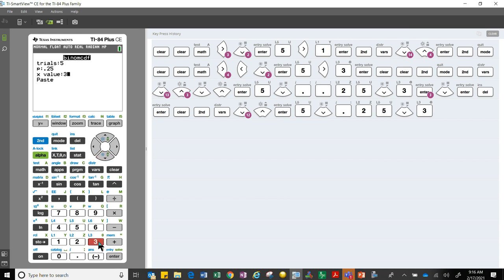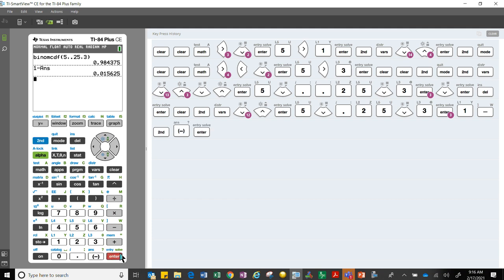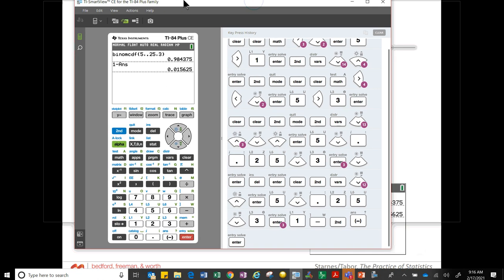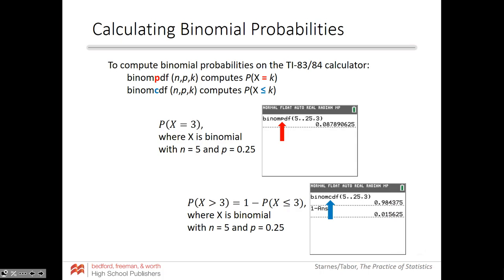And if I type in X is 3 and paste that, this gives me the probability that X is less than or equal to 3. So remember, if we want the probability that X is greater than 3, we do 1 minus that answer. So that's using the calculator to calculate those binomial probabilities, okay?